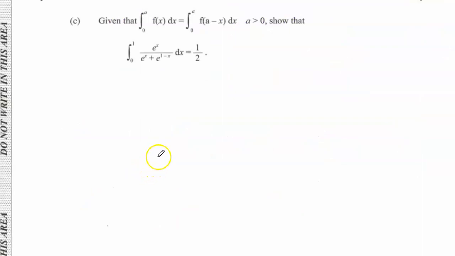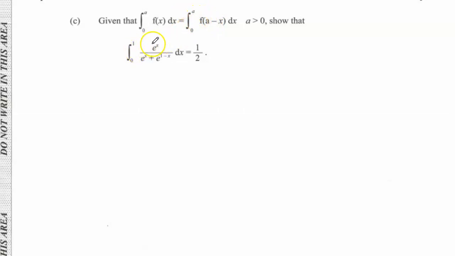Next question, given that the integral of f of x between limits 0 and a is equal to the integral of f of a minus x, where a is bigger than 0. Alright, so let's try and understand what this is saying here. Notice we're saying that in f of x, we can simply replace x with the top limit a minus x.